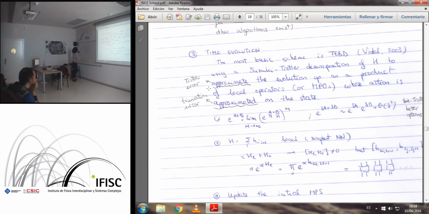Even if your Hamiltonian is local, the evolution looks like the exponential of the Hamiltonian, and the exponential contains all powers of the Hamiltonian, so it's non-local in general. It will contain terms with this term together with this one, product with this one, and so on. So it's a very non-local operator.